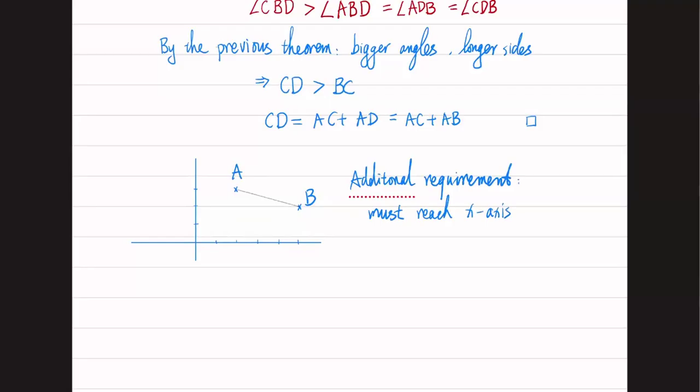Okay, so without this requirement, we can go straight from A to B. But now we have the requirement, we have to reach the x-axis before we make the turn and go to B. Okay. Amy, what would you do if we want to go from A to B while getting to the x-axis?